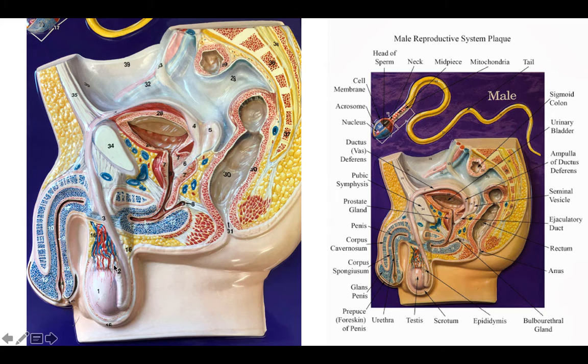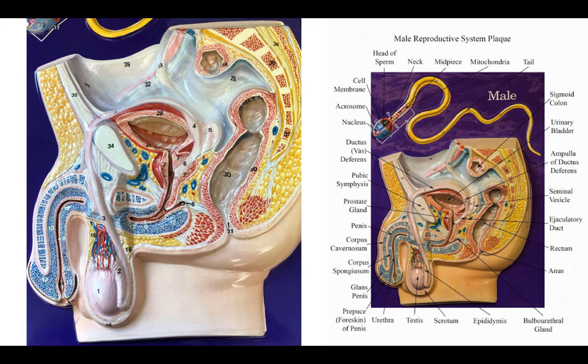So the sperm cells will travel through the epididymis, and we'll talk about how they actually are stored in the epididymis, and then they'll travel through the ductus deferens all the way down to the ejaculatory duct, and then into the urethra, and then out the very tip of the penis, the area called the glans penis, which we'll talk about in a little bit. So again, these are the main ducts that are involved with transporting the sperm cells.